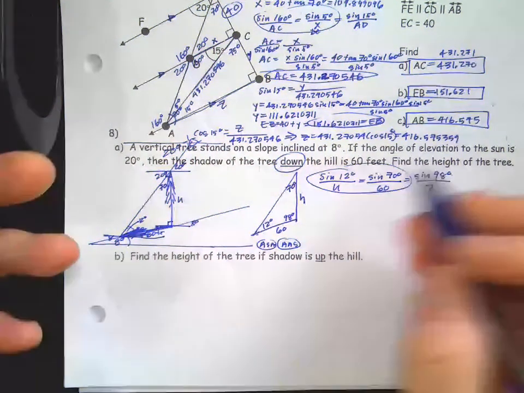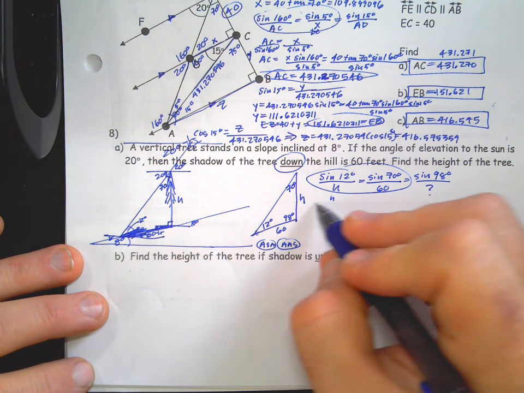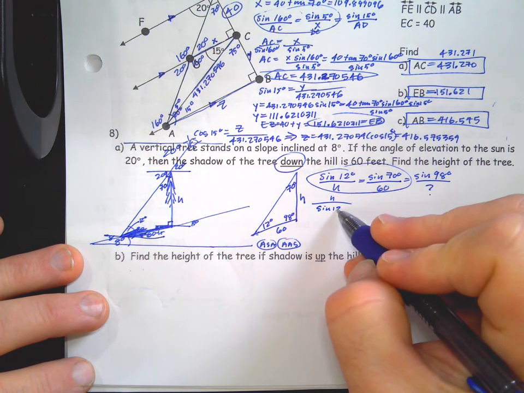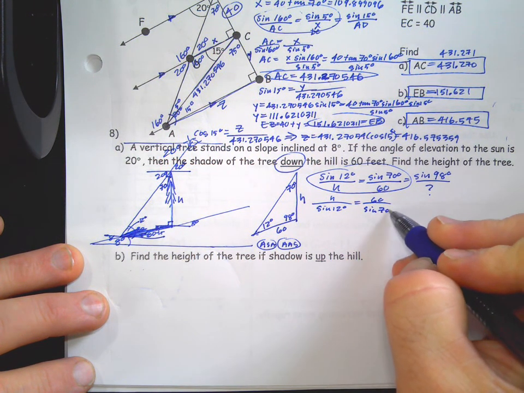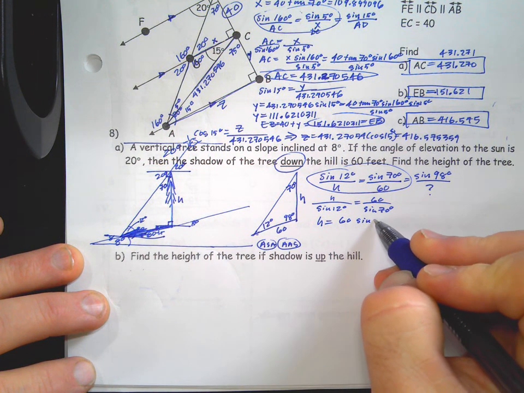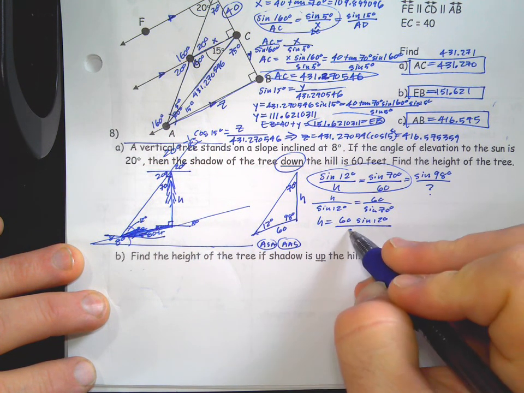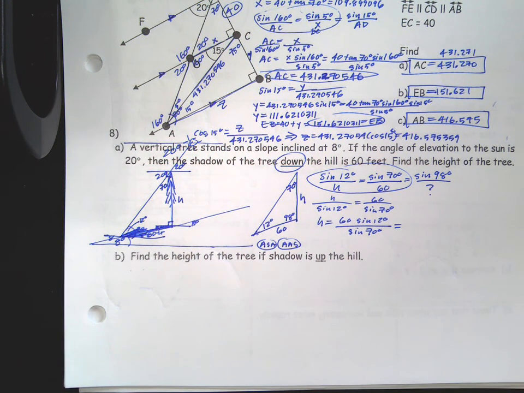We could solve for h, there's only one unknown. So you could flip both sides and then multiply both sides by sine 12. So try and keep this exact as long as possible, which is pretty reasonable this time. And then we're going to get our answer.